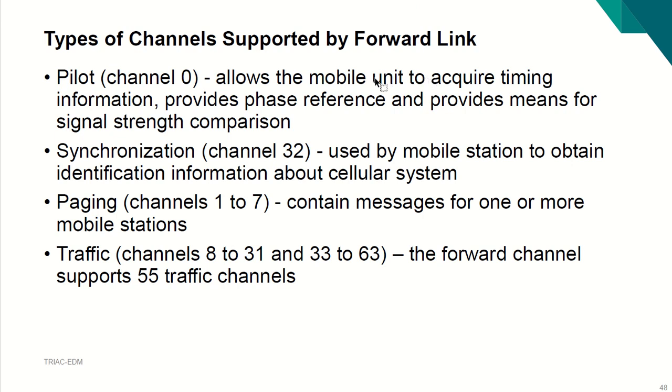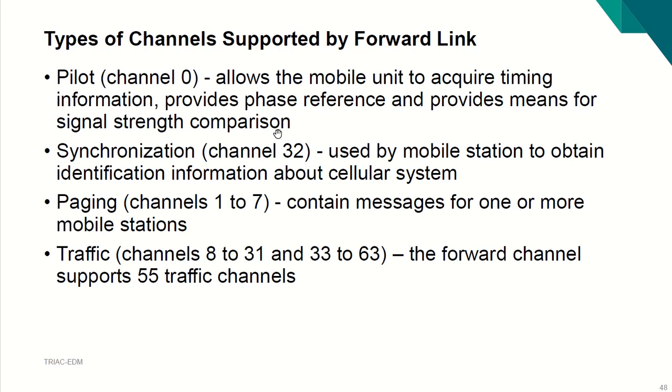Then they need to acquire timing information, and the pilot provides a phase reference and a means for signal strength comparison. For example, you have to tune your power so as not to jam your receiver.